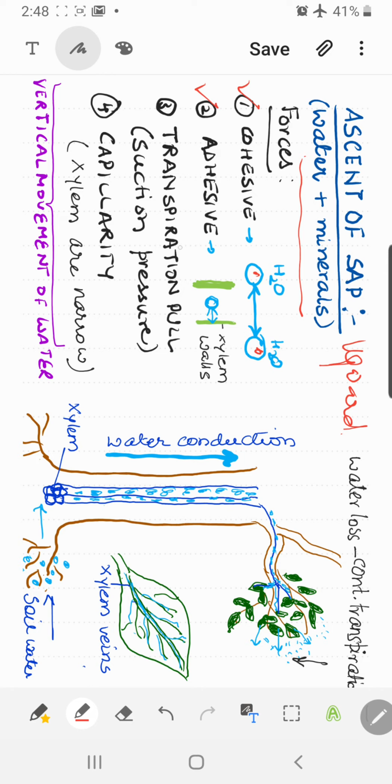Adhesive means adhering or sticking to something. This is the force of attraction between the water molecule and the wet xylem wall through which the water is continuously moving up. Both the forces contribute to keeping the water molecules intact.